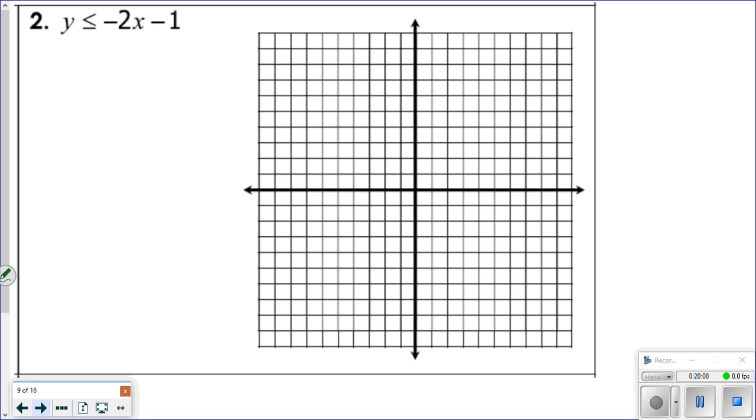This is already in slope-intercept form. So let's go down to -1 and plot our y-intercept. Our slope is a -2/1. So because it's negative, my line needs to be decreasing or declining. So I'm going to go down 2 boxes, that's my rise, run 1, down 2/1.